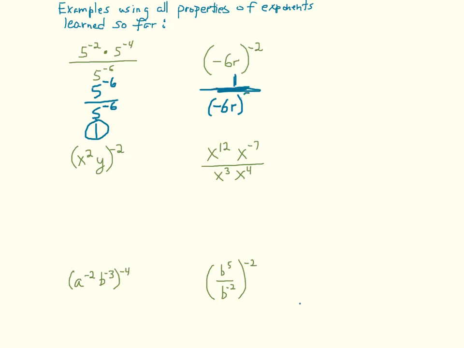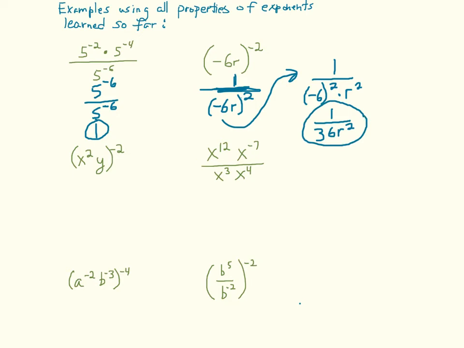I'm running out of room here, but let's go up here. So that means I'm going to distribute the 2 because I have a power of a product in the denominator, so that's going to be negative 6 squared times r squared. That's 1 over 36r squared.